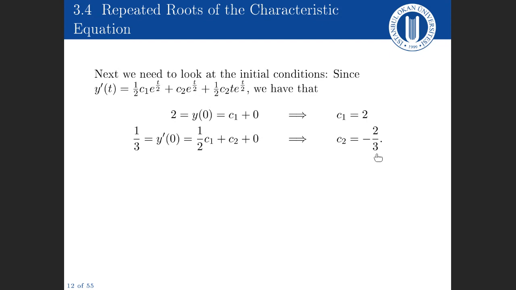So c1 must be 2, and c2 must be minus 2/3. And that's it, then we're finished. Then we can write down that the solution to the initial value problem, y is equal to 2 e to the power t over 2, minus 2/3 t e to the power t over 2. I'll show you a graph of this function later.